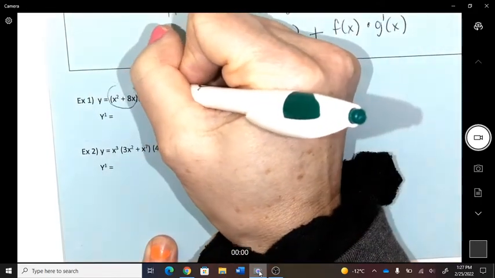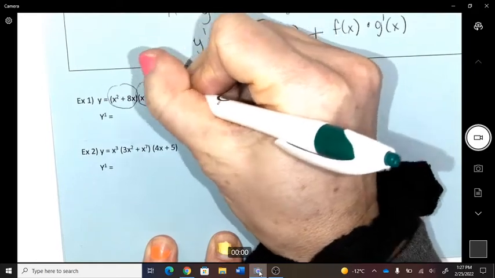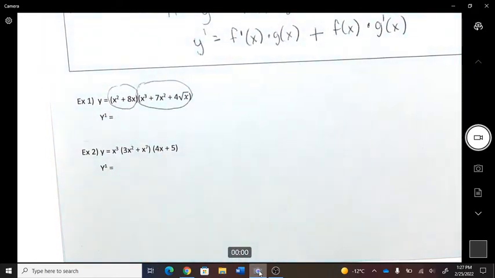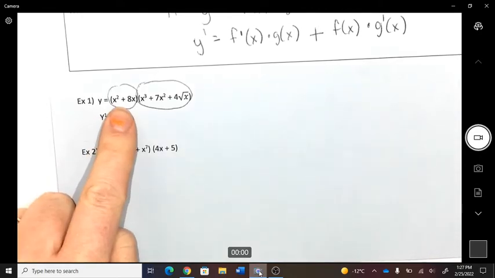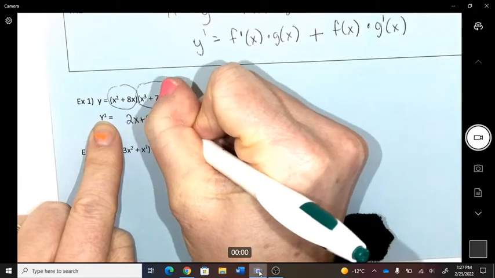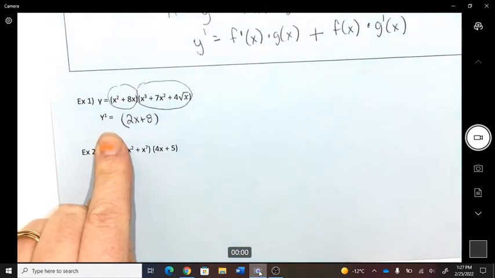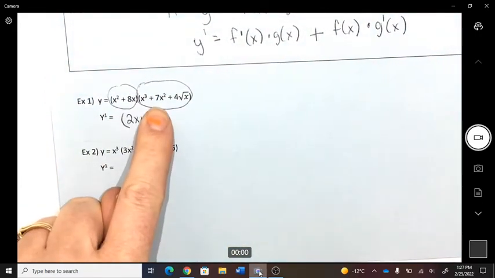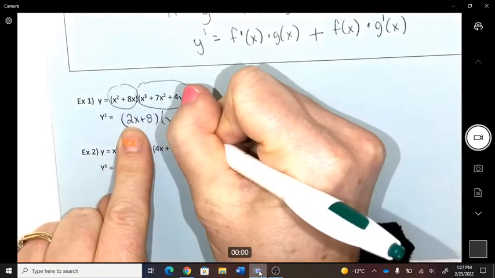So here's the two separate things. Okay, so I'm going to derive this one. So 2x plus 8 times, and I'm going to keep that. I'm just going to rewrite it.